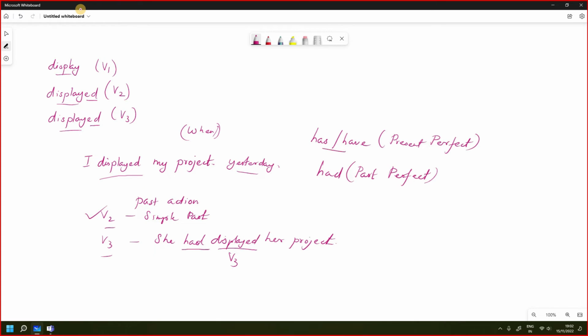So whenever you have a sentence that has has or have, then you should find out that it is a present perfect tense. And if there is had, it is a past perfect tense.